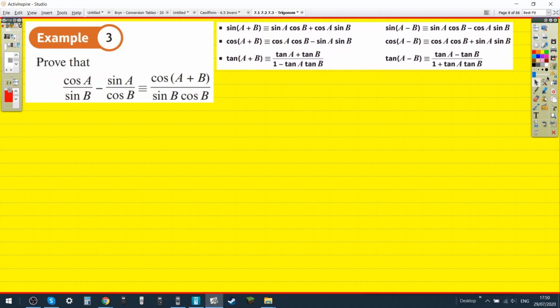My guess is you add the fractions. Like you combine the fractions. So you have to make the denominator the same.